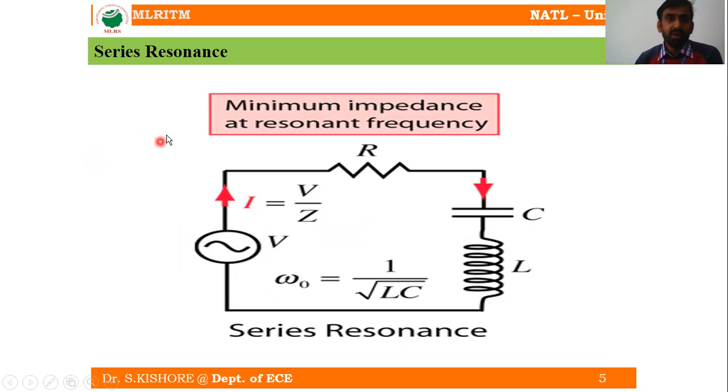Many people may be confused about the difference between impedance and resistance. If we speak with respect to a DC circuit, the opposition offered in the circuit is known as your resistance. But when we go for the analysis of the AC circuit, the opposition to the current offered in the circuit is nothing but your impedance.